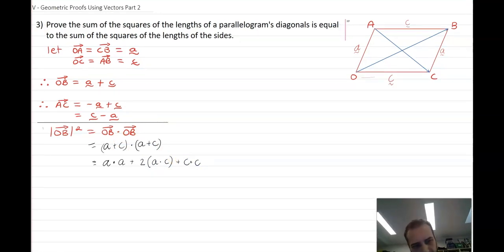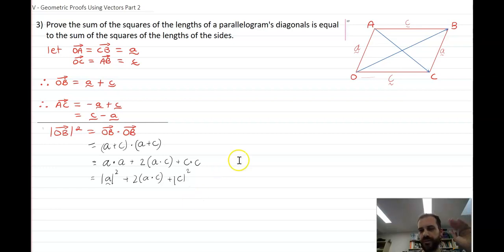So A dot A is equal to the magnitude of A squared, and then we've got 2A dot C plus the magnitude of C squared. Stop for a minute, think about what we've done. We've said that vector OB squared is equal to the magnitude of A squared plus the magnitude of C squared plus A dot C times 2.